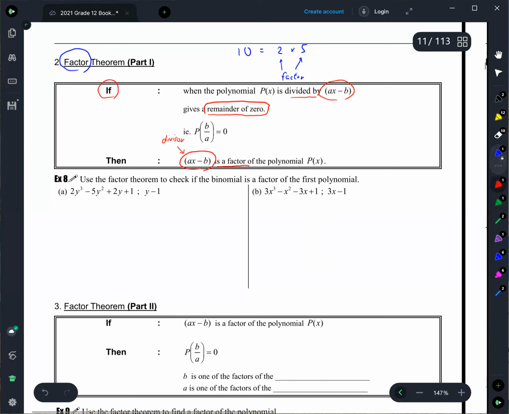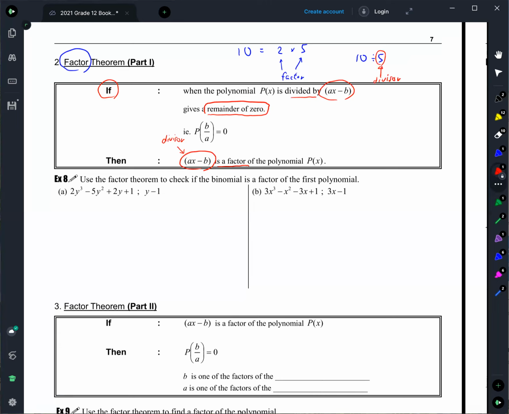Okay, for example, if I take 10 divided by 5, this is our divisor. 10 divided by 5, you can divide it evenly, right? There's no remainder left over. Then this divisor is a factor.